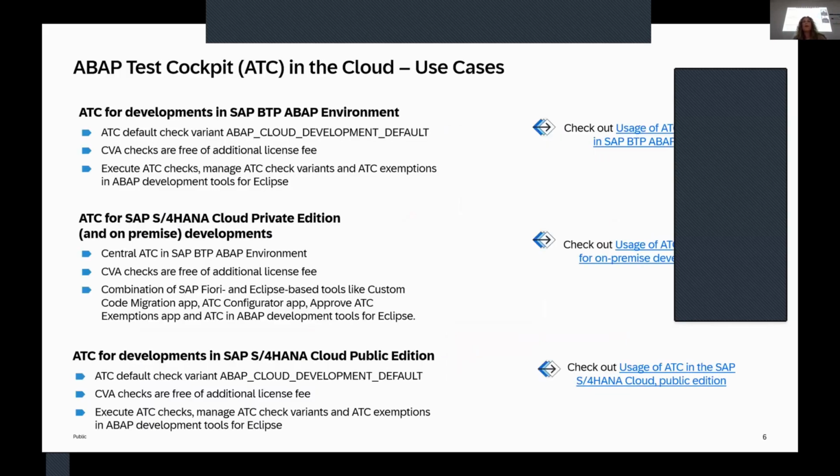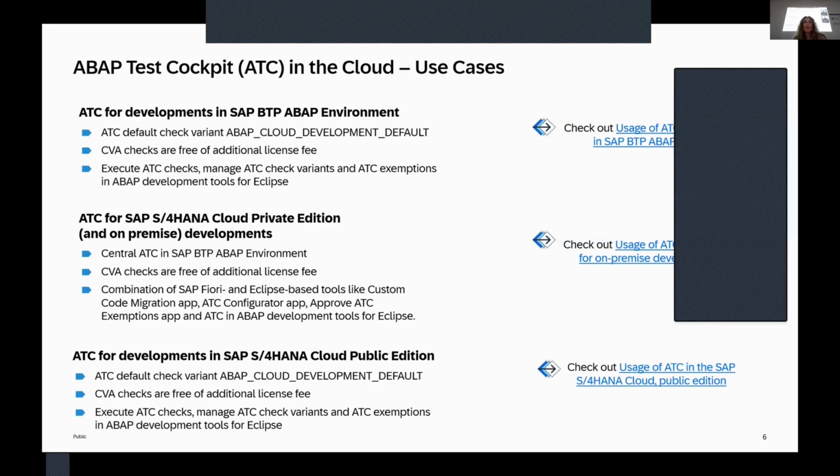If you now take a look at the use cases which we provide with the central ATC in the cloud, there are some of them. For example, you can use ATC for your developments inside of SAP BTP ABAP environment. It means if you develop inside of BTP ABAP environment, then you can benefit from ATC inside of the system. You have the ATC default check variant, which we as SAP deliver to you, which bundles all the necessary checks which should be executed for the quality assurance in ABAP Cloud Development.